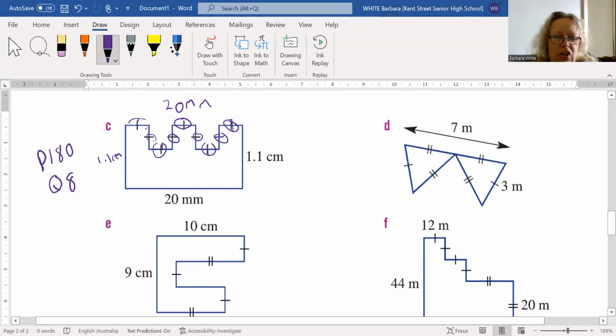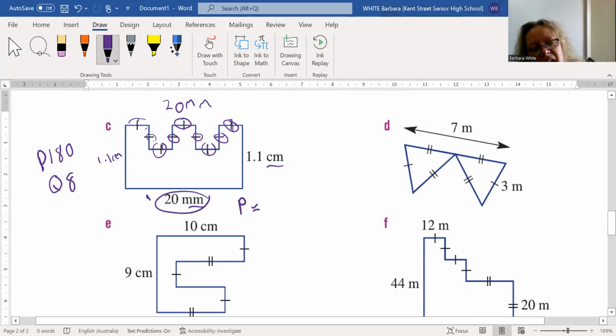Okay, so first of all, we've got centimeters and we've got millimeters. So we're going to write in your book nice and neatly. We're going to write question 8, part C, perimeter equals 20 millimeters. I might just tick it as I go because it's so many to add up. Plus, how many millimeters is that? 1.1 centimeters, that is 11 millimeters.